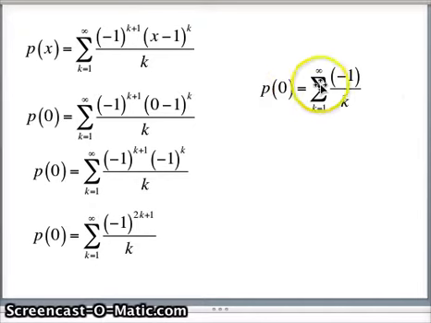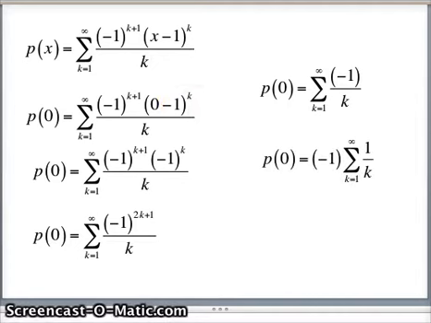Negative 1 to an odd number will always simply be negative 1. And then we ask ourselves, does this converge or diverge? Negative 1 is a constant, so that can come out in front. So we get negative 1 times the sum as k goes from 1 to infinity of 1 over k. But we recognize that this is the harmonic series. It diverges. So negative 1 times something going to infinity is certainly not going to converge. So we conclude that this diverges based on the fact that it's a harmonic series.